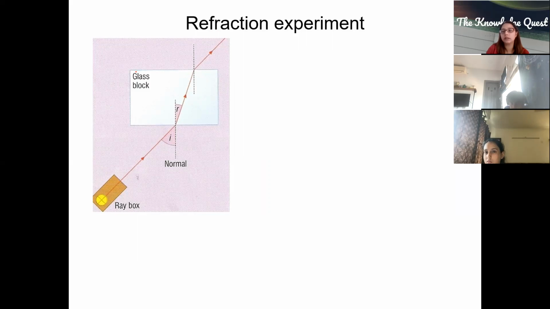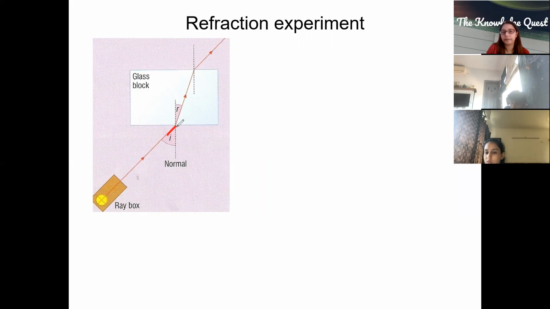You make a glass box, then you make a normal. The incident ray will be here. You can calculate the angle, this is the formula.